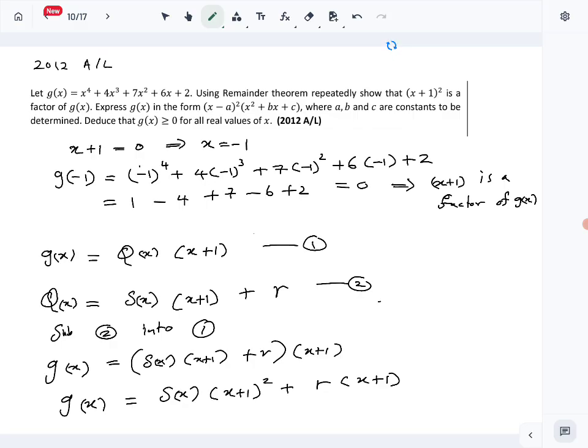Now how to get r? We can differentiate g of x.